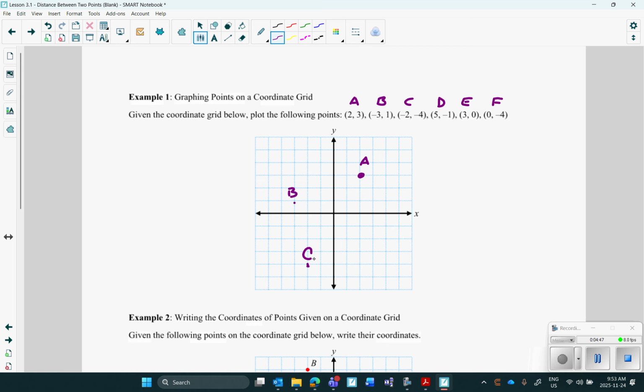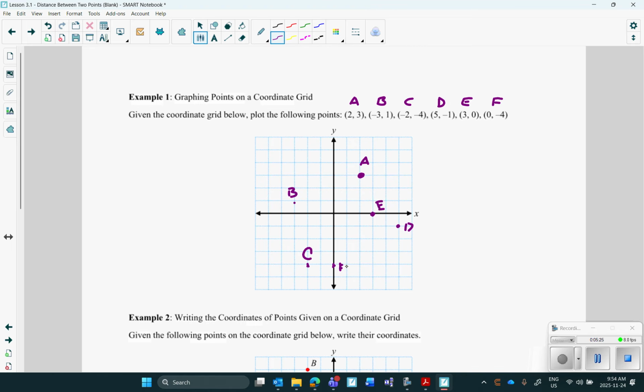E? And F. Good. Good, looks like we got a good handle on this. Great, thank you.